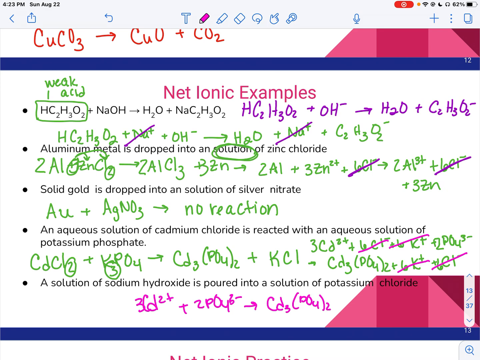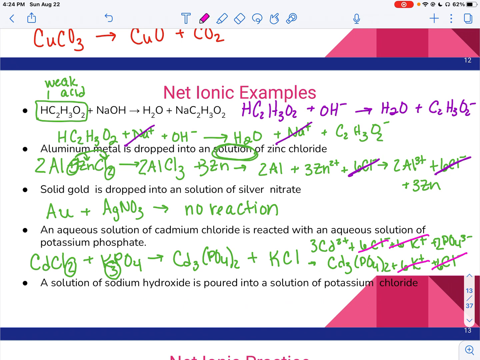So that's why I think it's a lot easier to balance at the beginning and just make sure I cycle through those coefficients and subscripts, because I don't really have to worry about the charges. They'll balance out at the end. But here, when I was trying to balance, I had to be wary of the charges. So that's just my 2 cents. You can do whatever makes sense for you.